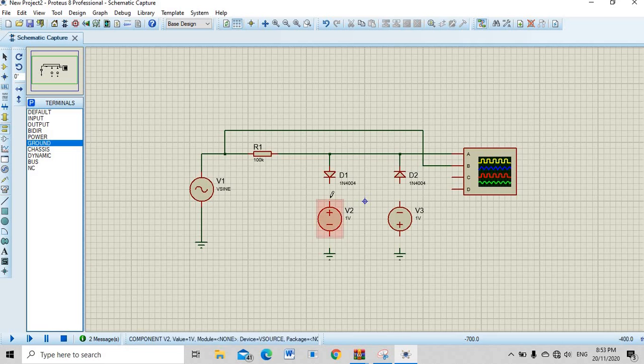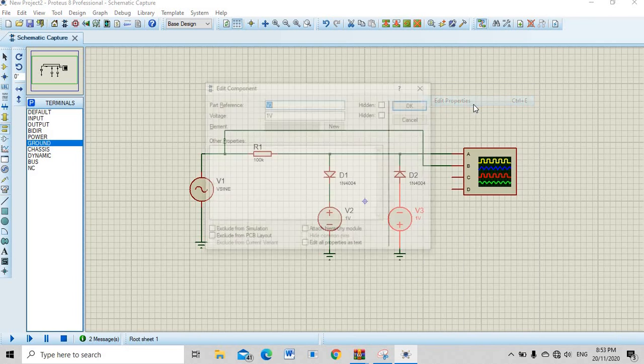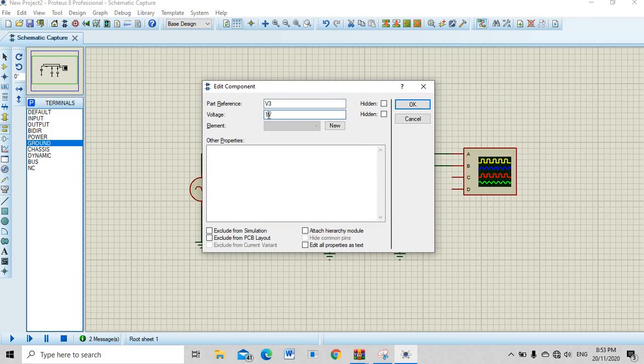Connect all the wires and change the value of voltage source 3, edit properties to 1.5 volt.